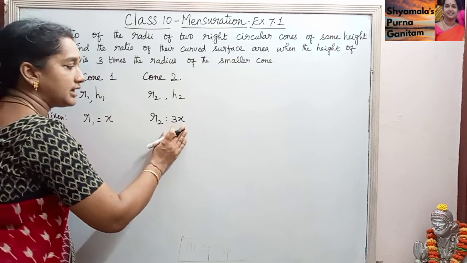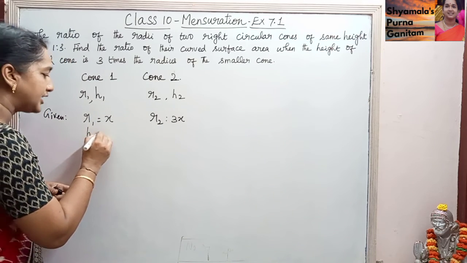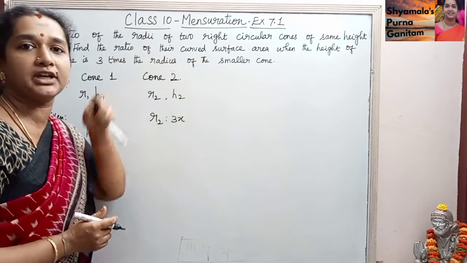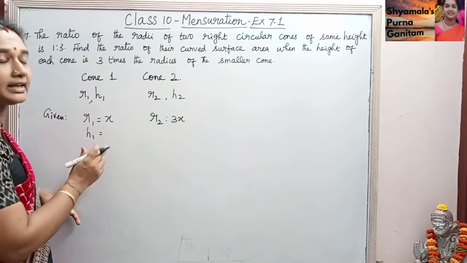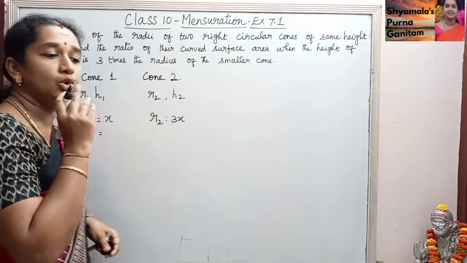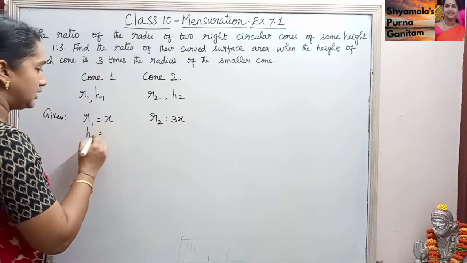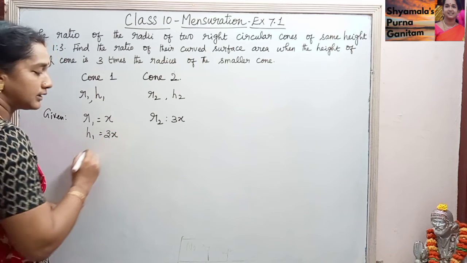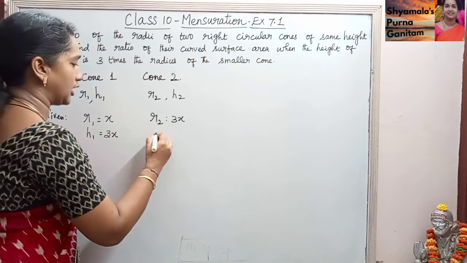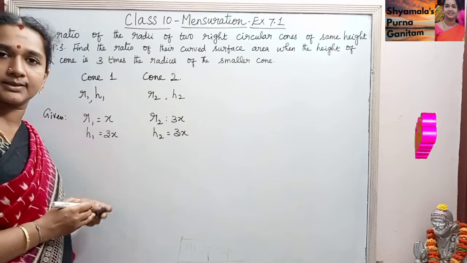And regarding the height, it is 3 times the radius of the smaller cone. So both H1 and H2 we are taking as 3x.